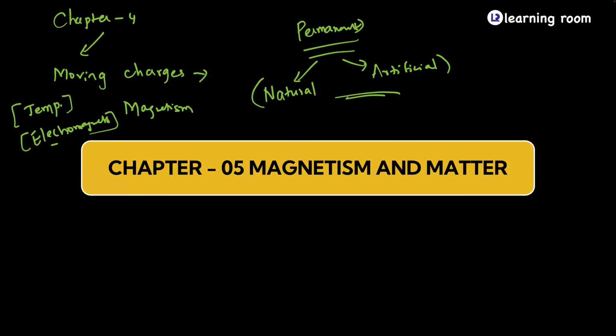Our concentration will be on artificial, because natural magnets are not that strong. Though they exhibit the property of magnetism, they are not strong enough to be used for real-time scenarios. So you need to do some modifications to it and create a permanent magnet artificially. Is that point clear? So this is the introduction of what we are going to do in this chapter.